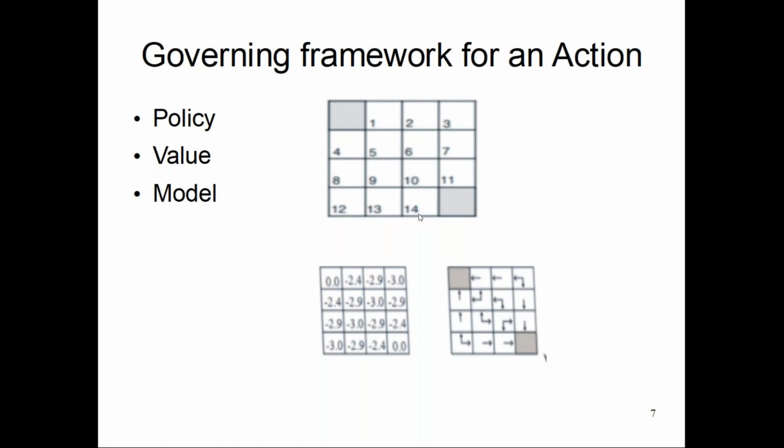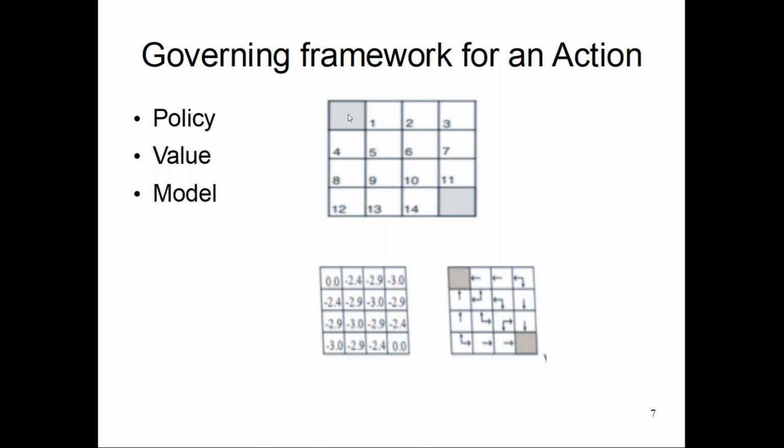If you are looking at this 4x4 grid, there are these two shaded regions. One near 1, you may take as the initial point, and the other near 14, you may take as your goal.